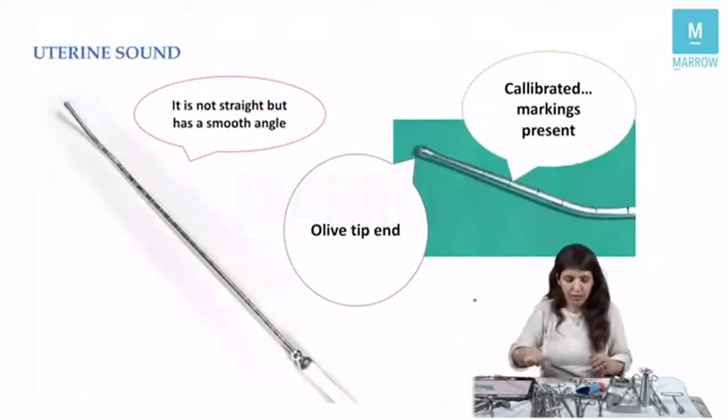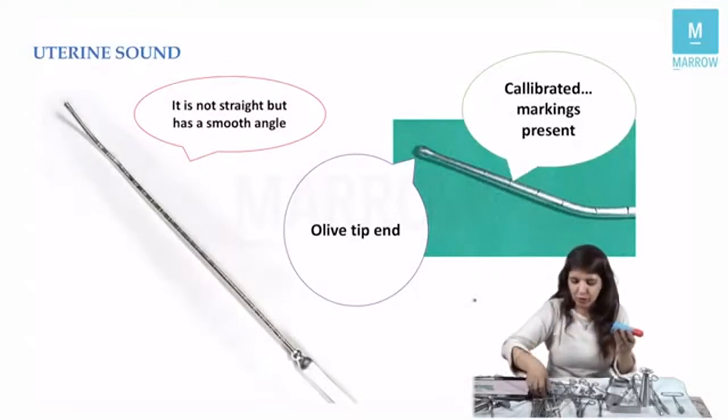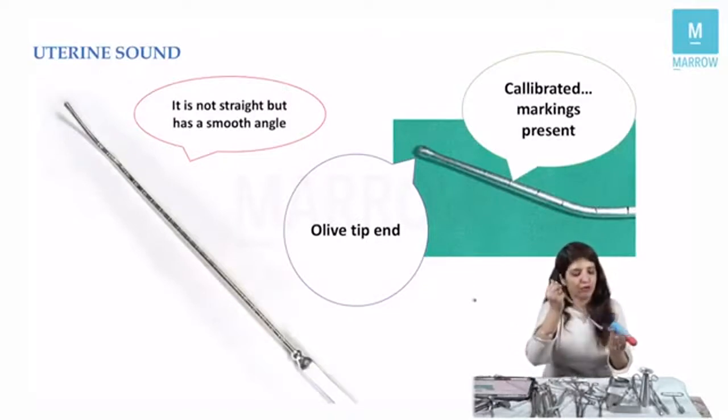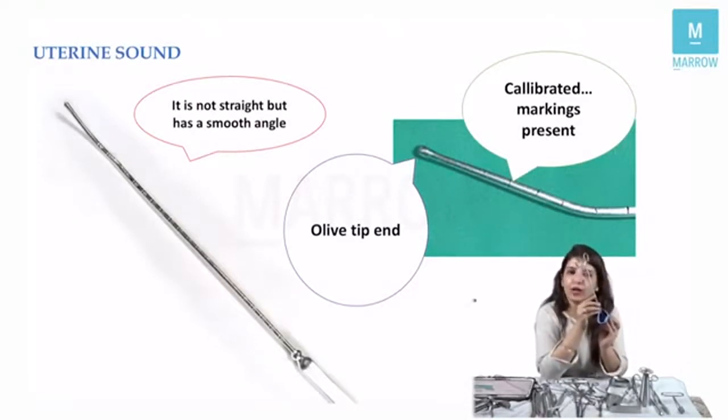Now, once you have held the anterior lip of the cervix with the vulsellum, suppose you have to do a dilatation and curettage, or you have to do MTP by suction evacuation.